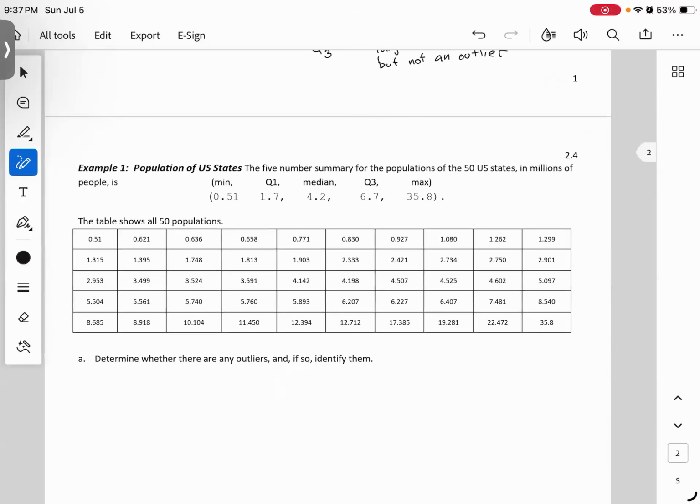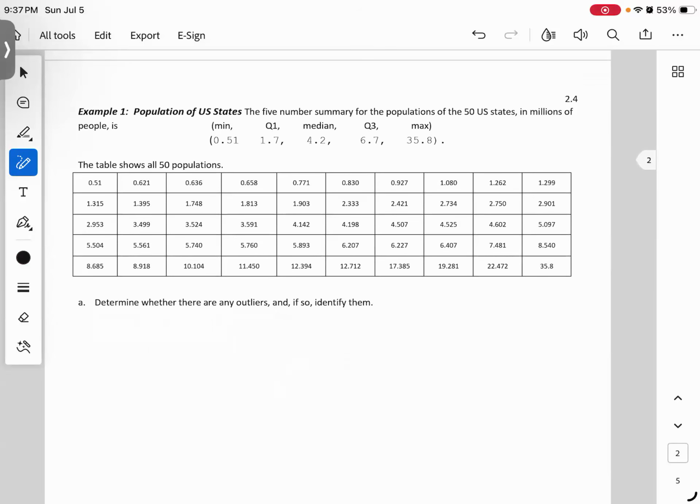So let's actually go ahead and use this within an example. This is the 50 states for the United States and their populations. Certainly, some states have larger populations than some other states. But what's happening here is you can see there's a minimum, and there's a state that has the maximum, the largest population versus the smallest population.